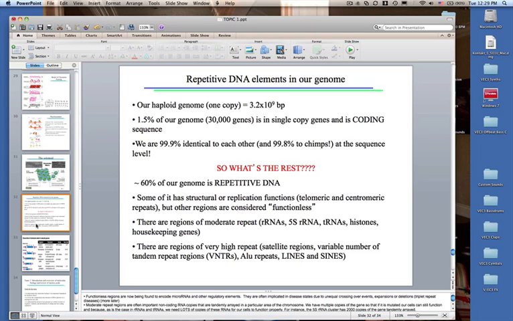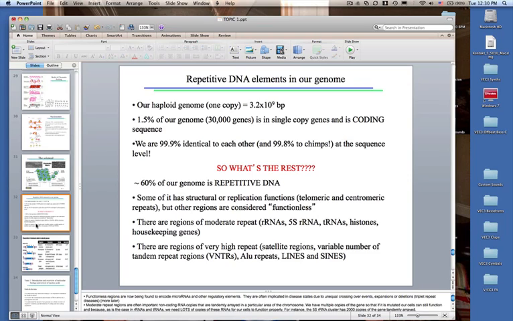So satellites are areas of DNA that can vary in length. Okay, so we have what we call microsatellites, mini satellites, big satellites, right? It all depends on how big the sequence that is repeated is.